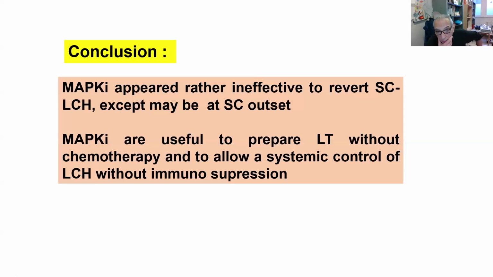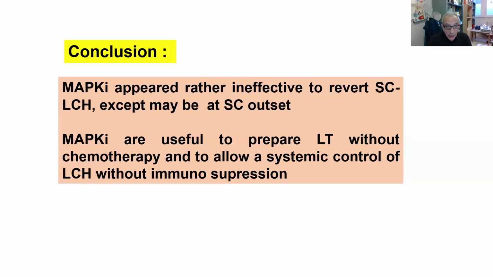So in conclusion, we are still cautious because of the number, but we have the feeling that MAP kinase inhibitor probably is not the good app. There is no effect on the sclerosing cholangitis once this is fixed.